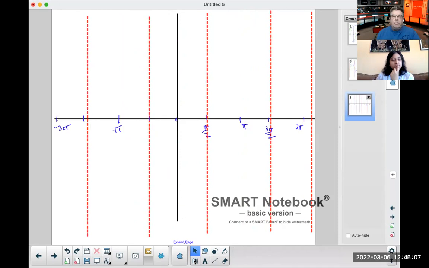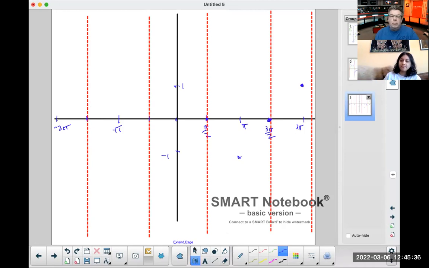Okay, and so what does the cosine curve look like? It starts at 0, 1, and then it goes down from there. Good. So 1, negative 1, right? And this guy's out of the picture.